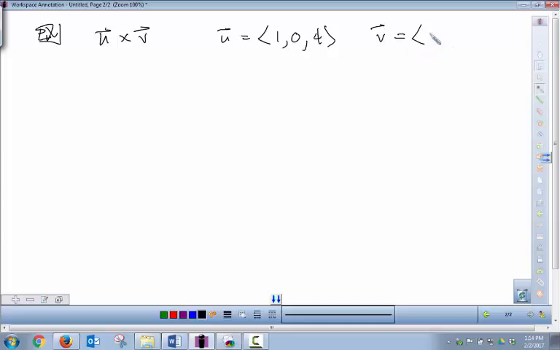U and V, where U is equal to, let's say, 1, 0, 4, and V is equal to -3, 4, -5. All right, take a couple of minutes to try it out, and then I'll do it, and hopefully our answers will match.